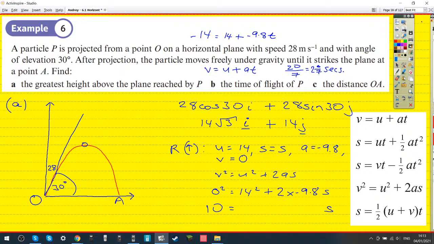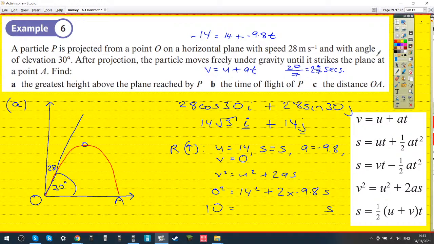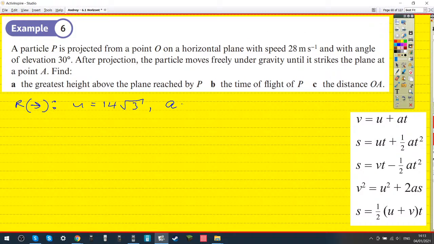Okay. Resolving horizontally, we want S. So 3 things you know, 1 thing you need. So use 14 root 3 and then A is 0. Yeah.